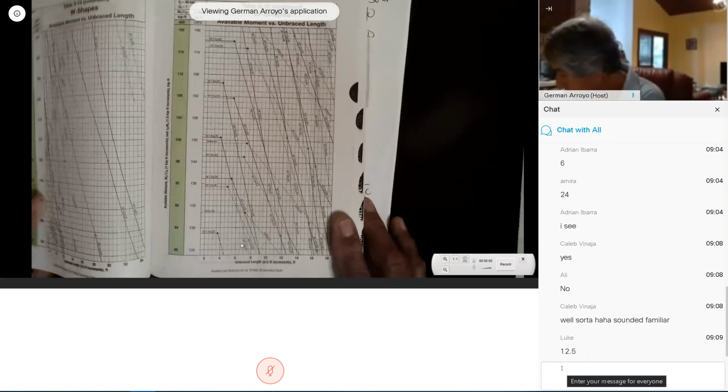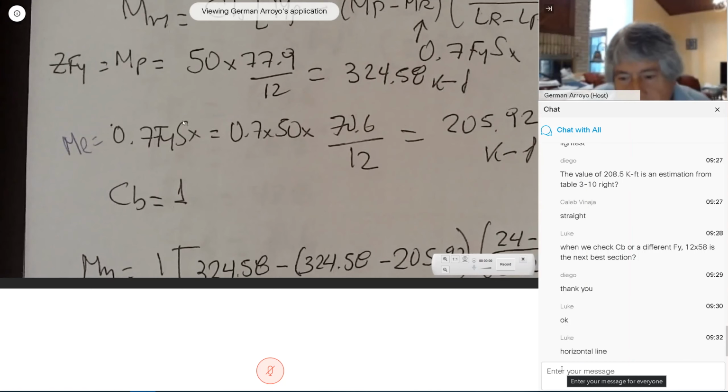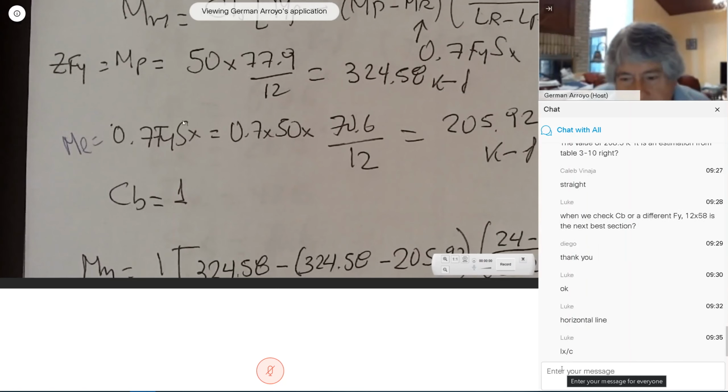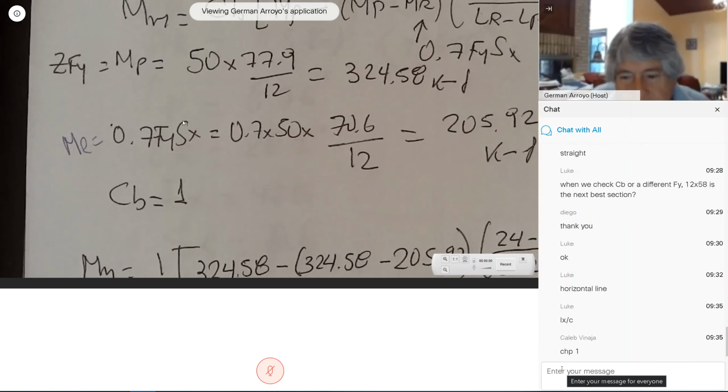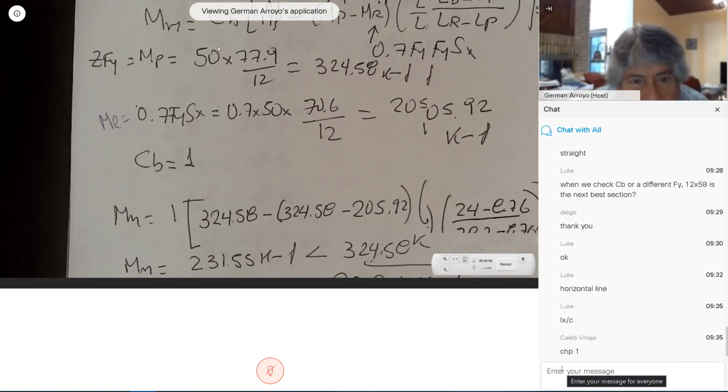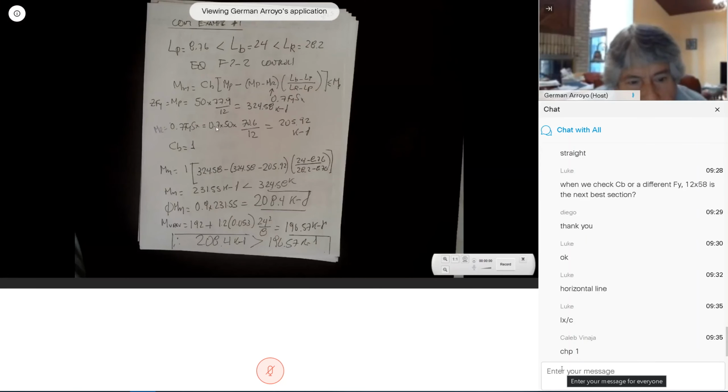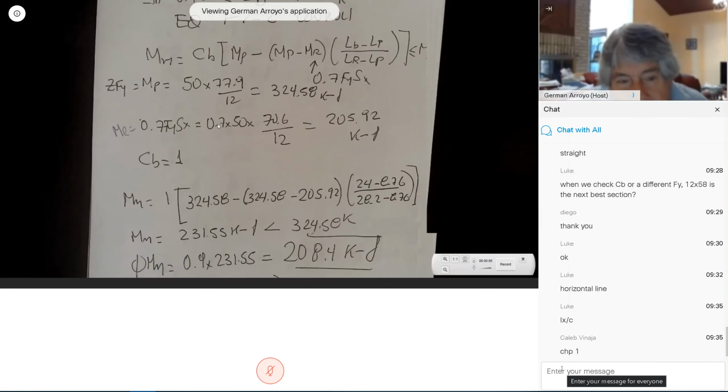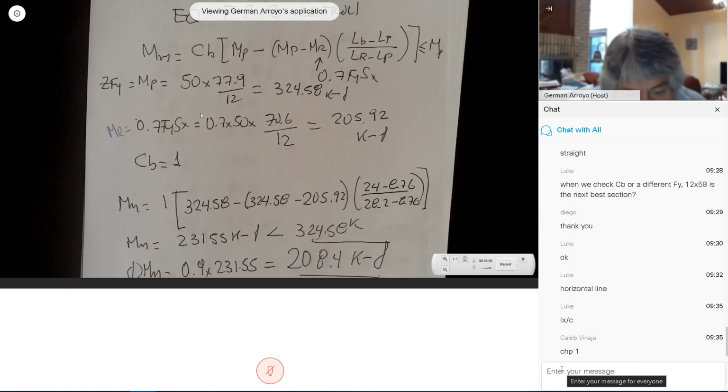Where do I get the value of Sx? Chapter 1, the fastest place to find it. So this is given in chapter 1.